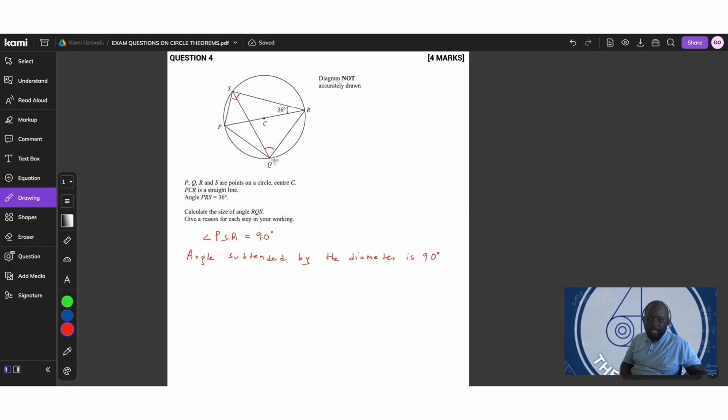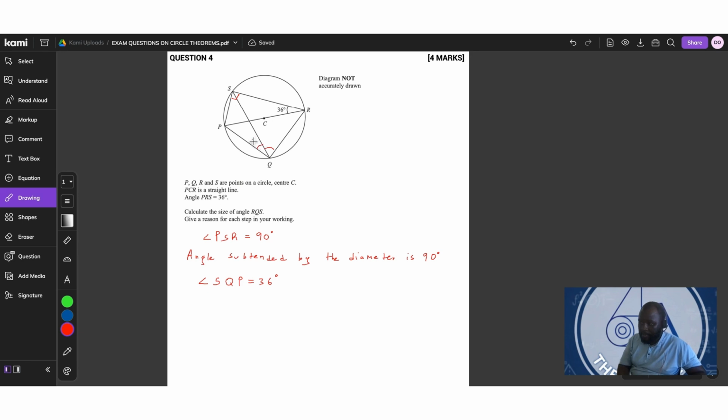All those angles are equal. Now, for our case, we have angle SPQ. So we say angle SQP will also be equal to 36 degrees. I've even gone far with this question. I've just realized I could have done something totally different. Angle SQP, but let's continue, is 36 degrees.